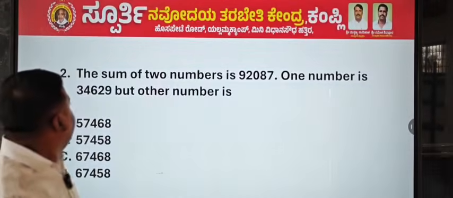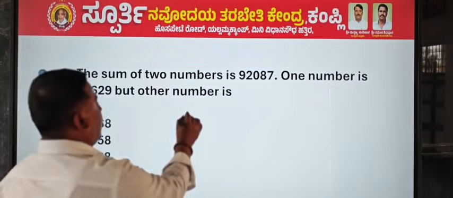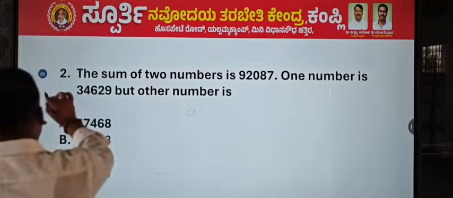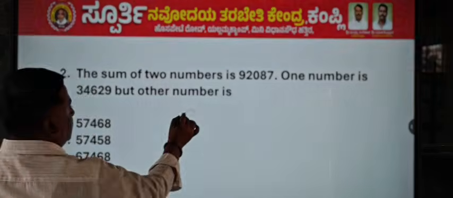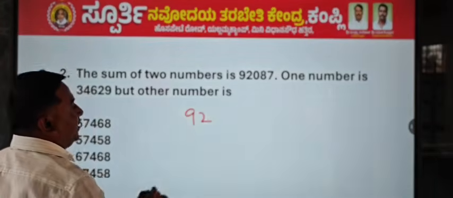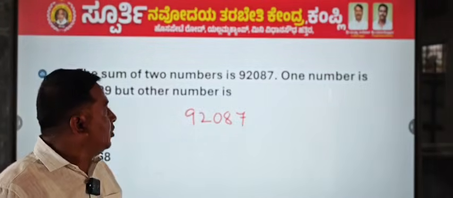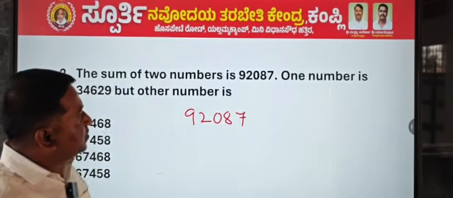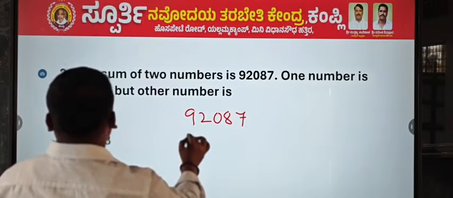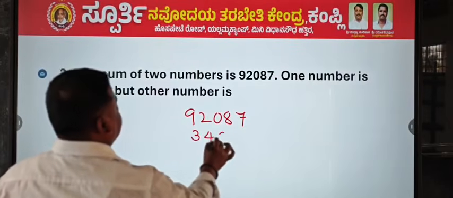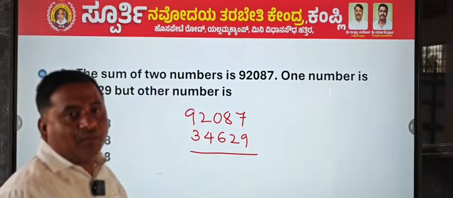Second, here the sum of two numbers is given: 92,087. One number is given, and to find the other number you have to subtract the given number from the sum. The one number is 34,629. If you subtract that number, you will get the other number.